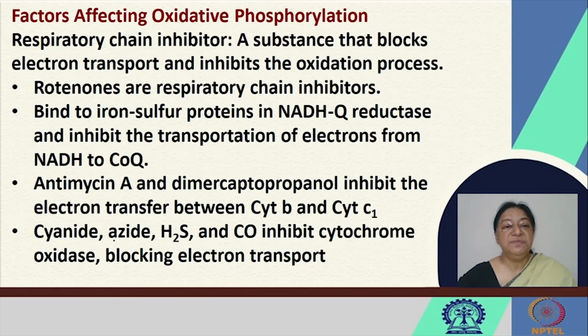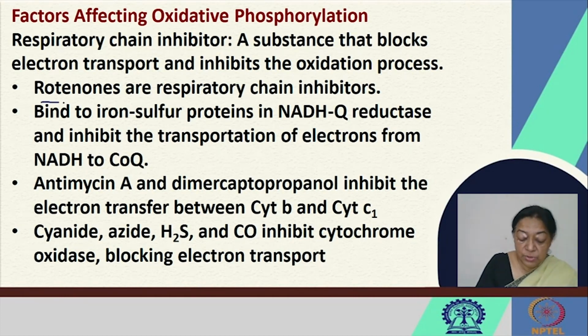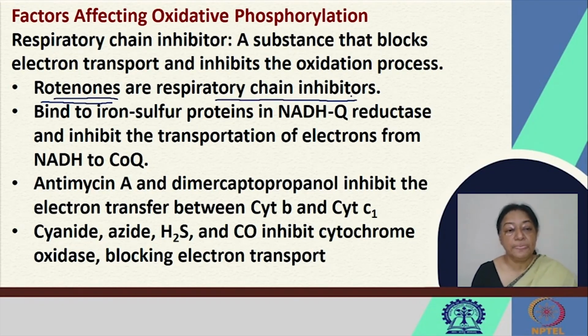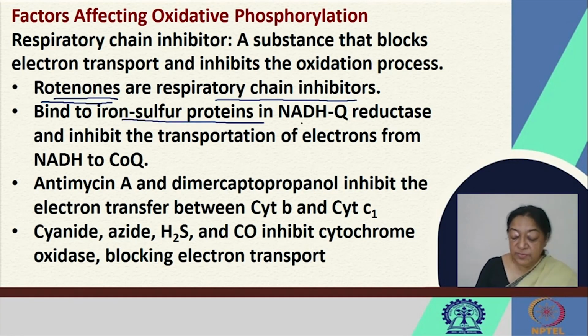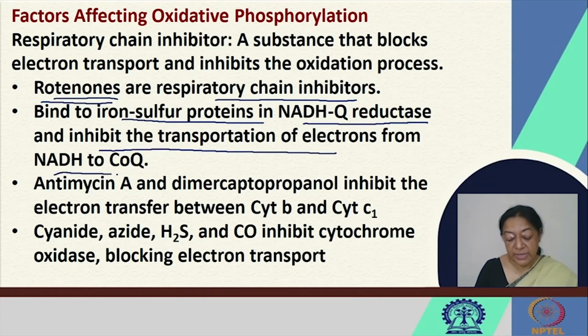If we look at the specific factors that affect oxidative phosphorylation, we have respiratory chain inhibitors, a substance that can block the electron transport and inhibit the oxidation process. Rotenones are known as respiratory chain inhibitors. They can bind to the iron sulfur proteins in NADH-Q reductase and inhibit the transportation of electrons from NADH to CoQ in complex 1.